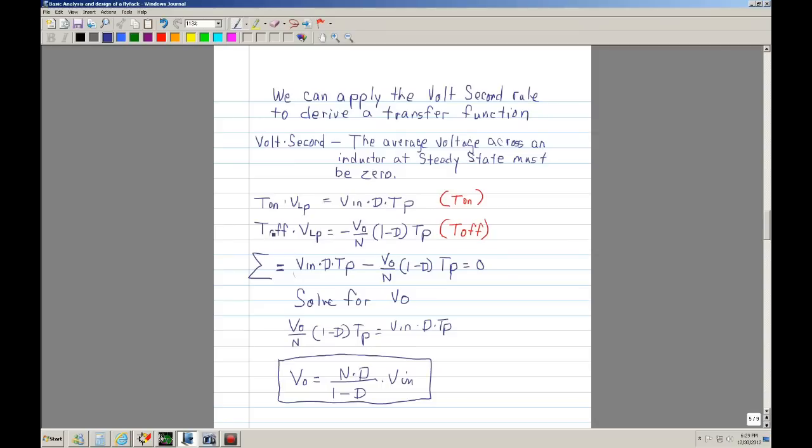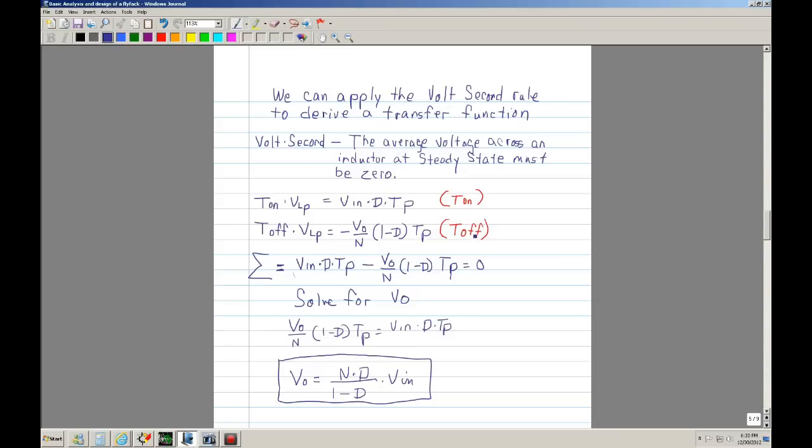And during the T off, the voltage across the inductor times the duration of T off is really negative V out divided by N times 1 minus D times Tp.